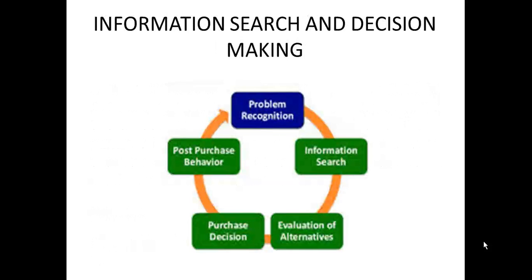Thereafter, they start looking for information, maybe in catalogs or online websites, ask their friends. Now, once they have so many choices, so many potential places where they can buy from, they now need to evaluate and have to make a decision.